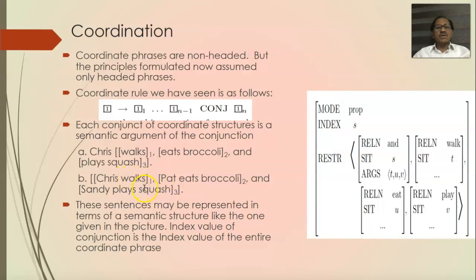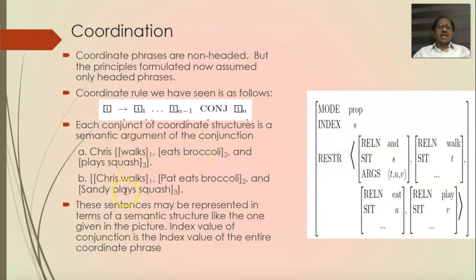And when you put all the three together, conjoined with the and, then you get a coordinate sentence. Here you have a coordinate verb phrase, but here you have a coordinate sentence. That is, if sentences occur as conjuncts, the entire coordinated structure will be a sentence. If conjuncts are VPs, the entire coordinate phrase will be a coordinate VP.